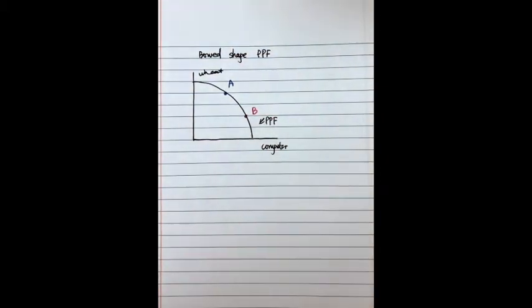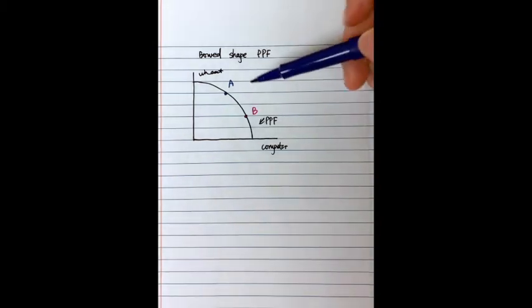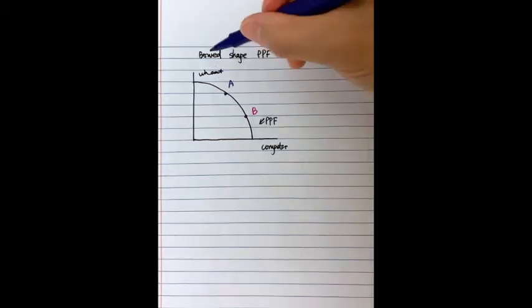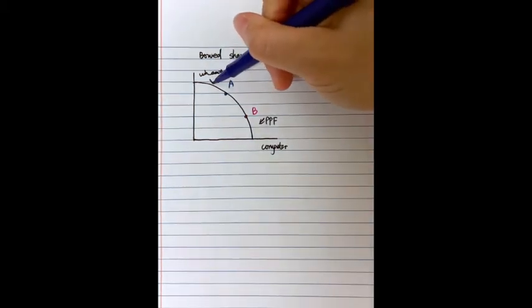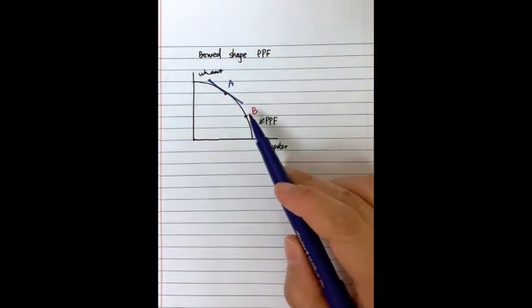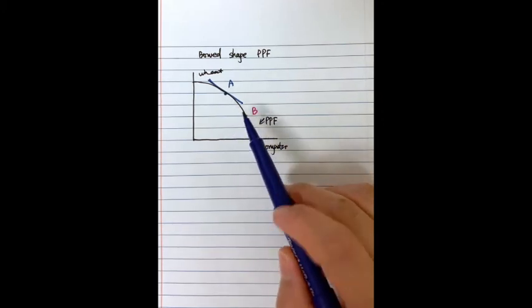Now let's look at point A. Do you know how to get the point slope at this point A? According to what we have learned before, maybe in math, if we want to get the point slope of this point A, then we need to draw a tangent line, right? So please draw a tangent line across this point. Then that will be the tangent line for point A.